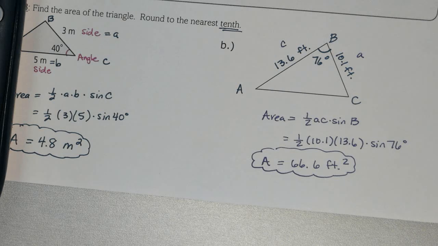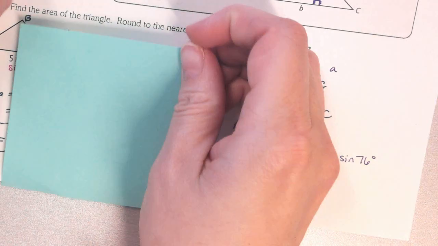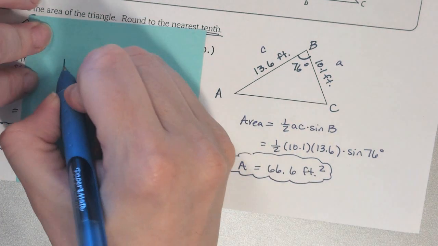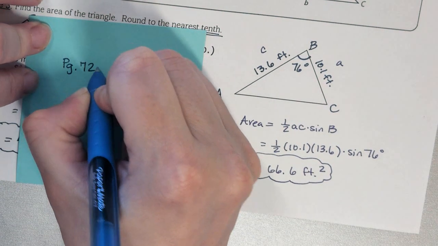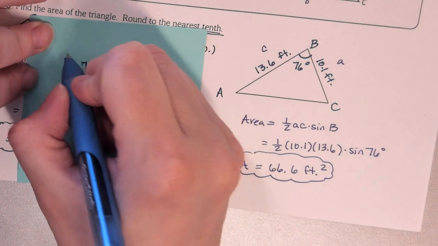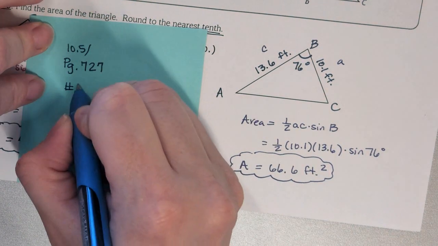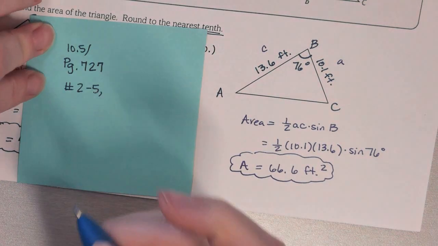All right, and then I'm going to give you some time to do your homework. Okay, so your homework is on page 727. So it's 10.5 to 2 through 5.